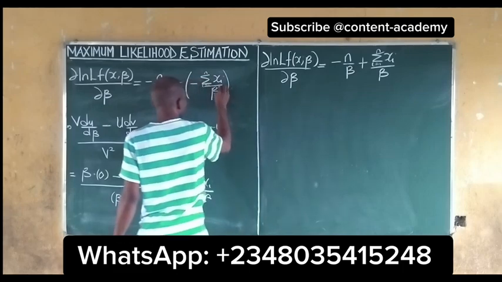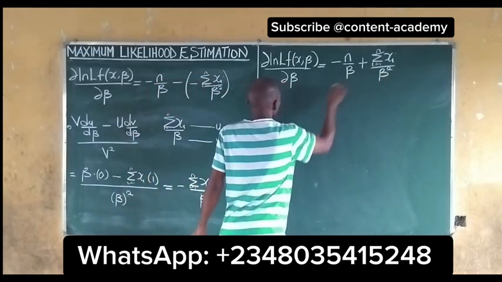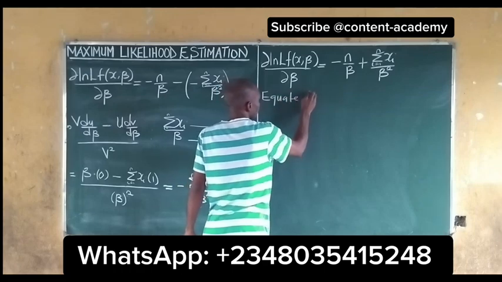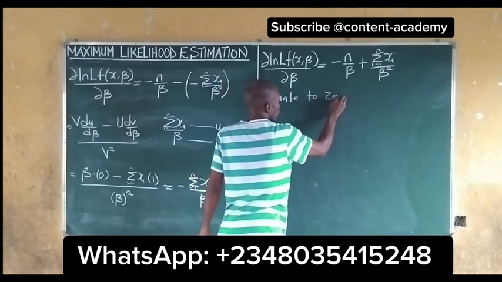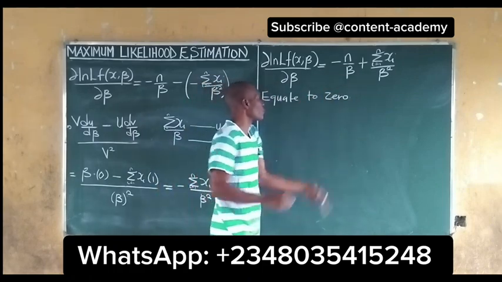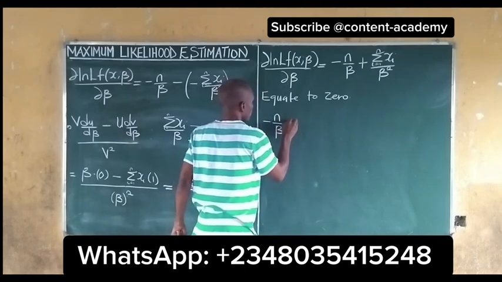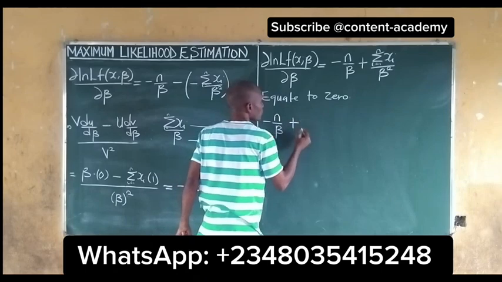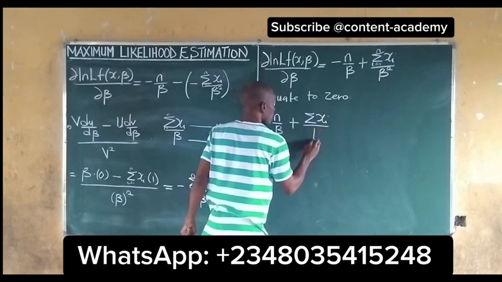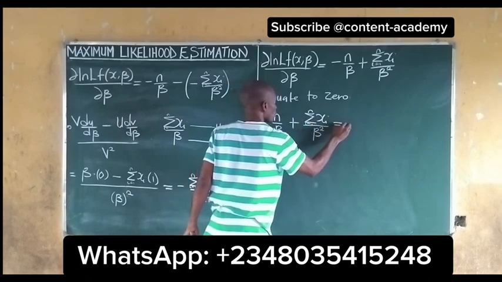Sorry, we have beta squared here. So we equate this to 0. So whatever we differentiate, we'll now equate that thing to 0. So we have negative n all over beta plus summation of x_i all over beta squared, i running from 1 to n, to be equal to what? 0.